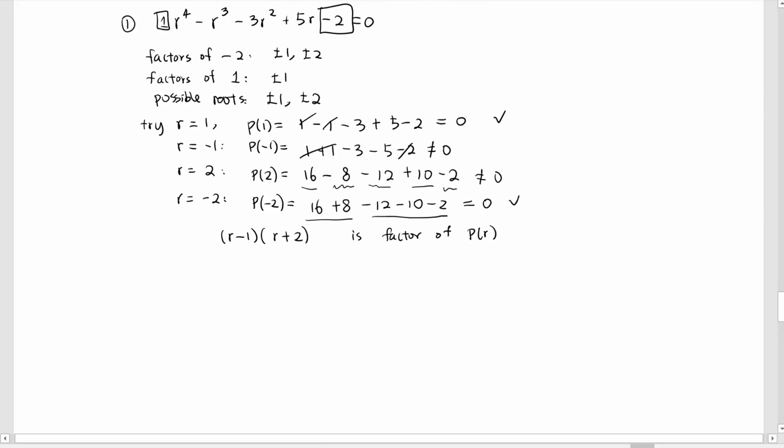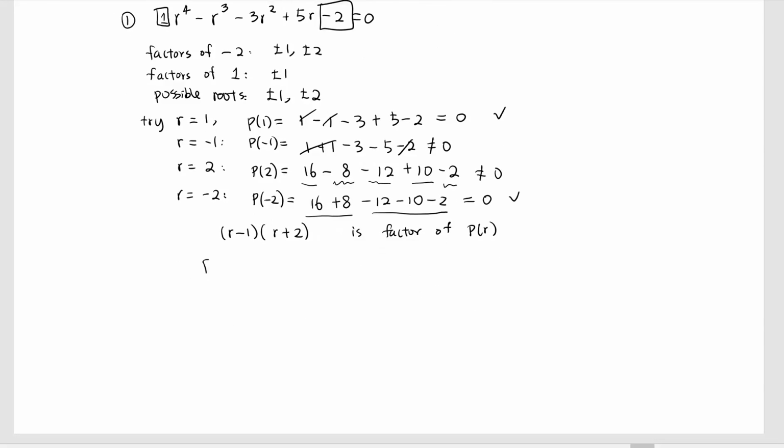We want p of r to be r minus 1, r plus 2 times a quadratic, and we want to figure out what that is. So we want to use long division. But before we use long division, r minus 1 times r plus 2 is r squared plus r minus 2, right? And this is our unknown.